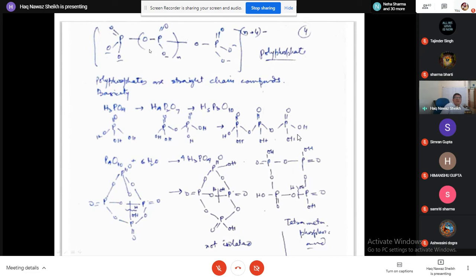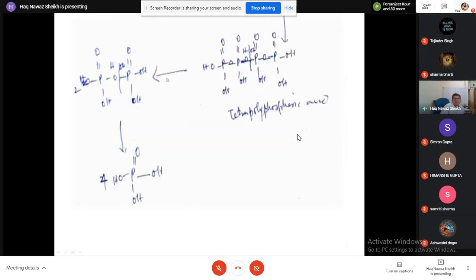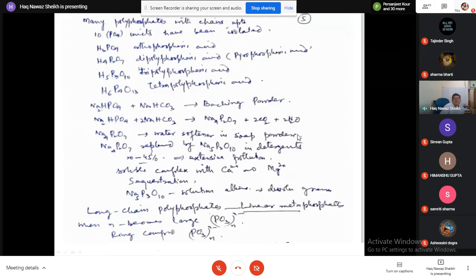Say there are 400 or 200 phosphate units. Only the end one is PO3 or PO4; the central ones, all repeating units, are PO3. So when n is large, we write (PO3)n with n negative charge. Or when you have a ring compound, it is generally written as (PO3)n with n negative charge.